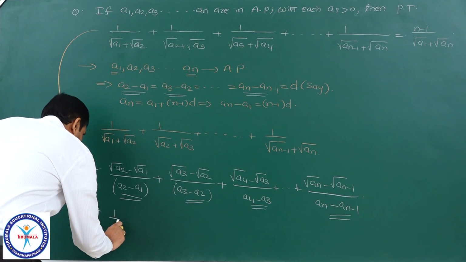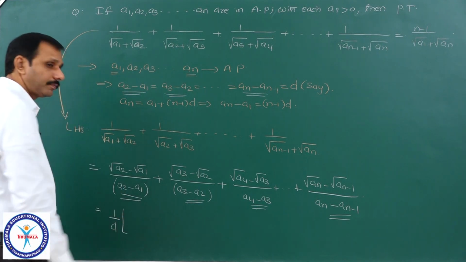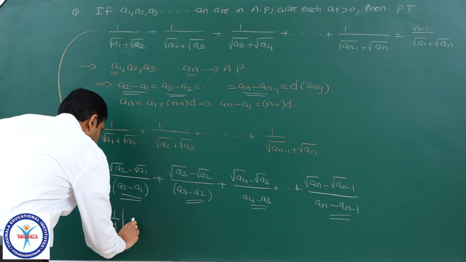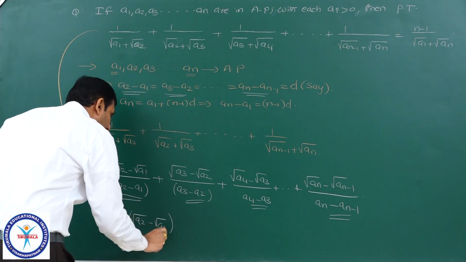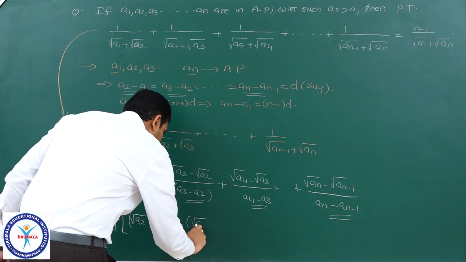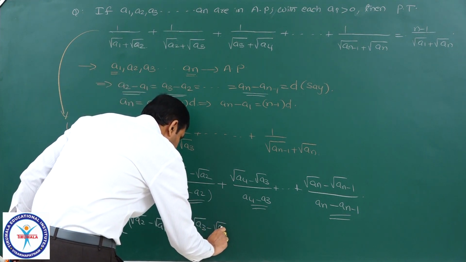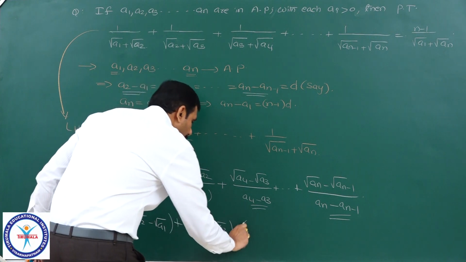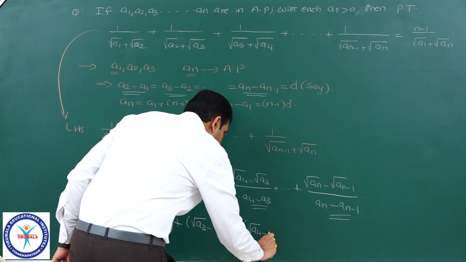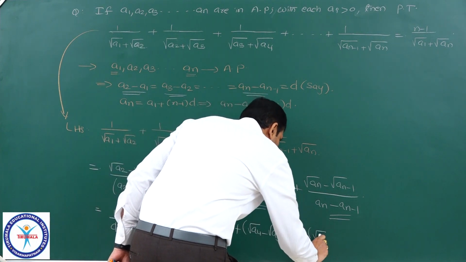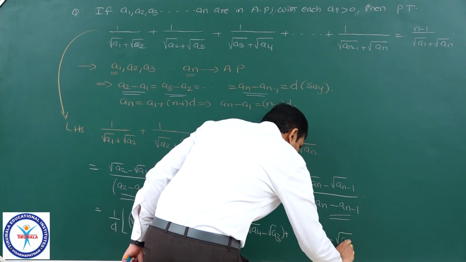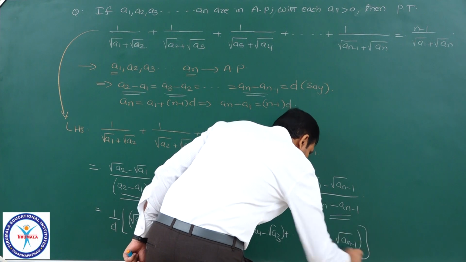Observe, 1 by d into, now it is root a2 minus root a1, the first bracket, root a3 minus root a2, second bracket, root a4 minus root a3, third bracket, plus and so on, plus root an minus root a(n minus 1).